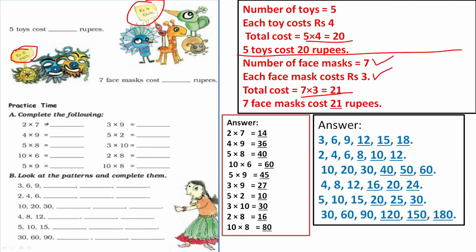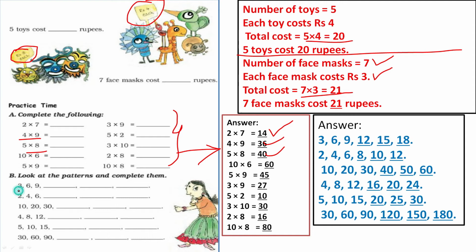Complete the following. You know the table. 2 7s are, here you can write the answer, 14. 4 9s are 36. Similarly 5 8s are 40. Like that you can complete the table. The answer in the right side. Look at the pattern and complete it.